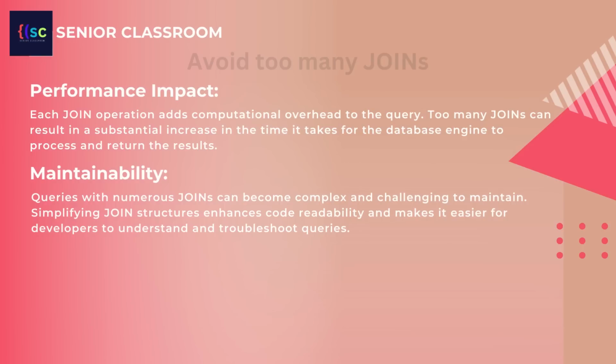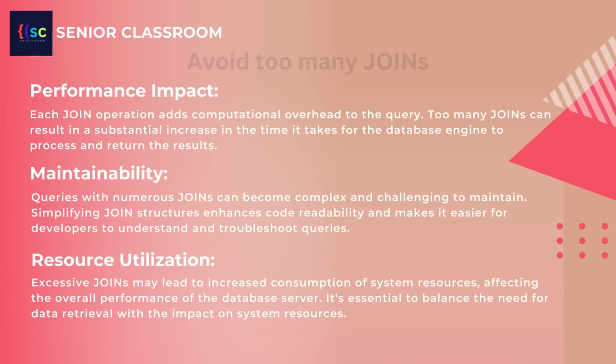Simplifying join structures enhances code readability and makes it easier for developers to understand and troubleshoot queries. Resource utilization. Excessive joins may lead to increased consumption of system resources, affecting the overall performance of the database server. It's essential to balance the need for data retrieval with the impact on system resources.